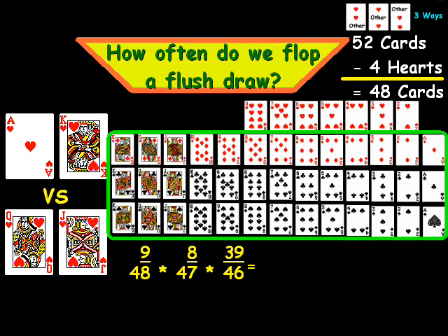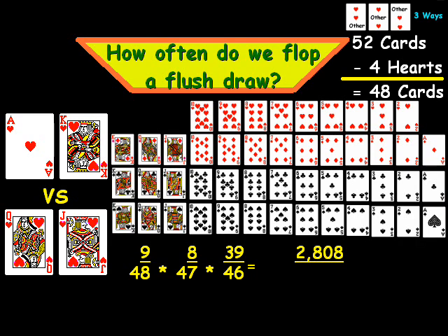So we remove 2 hearts because that was taken in the other 2 ways. So we have 39/46. Again, we multiply this all together, we get 2,808 divided by 103,776. And that comes out to approximately 2.71%.